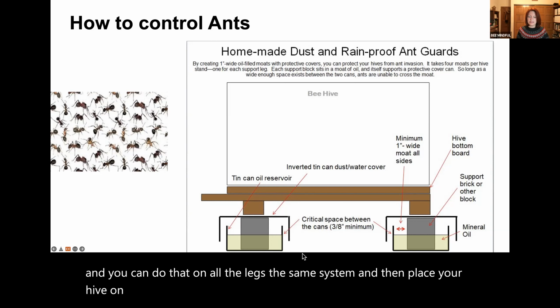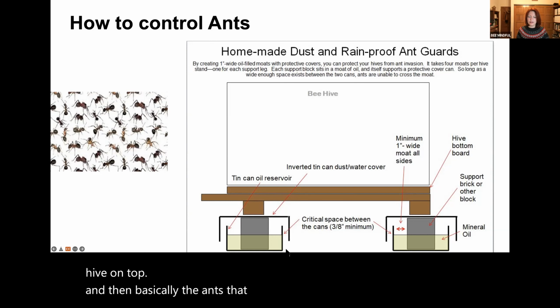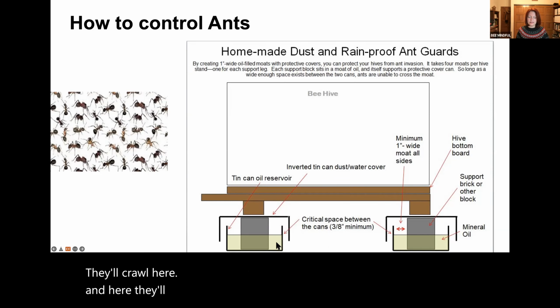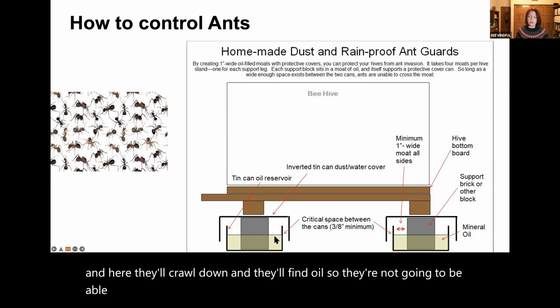And then basically the ants that are trying to get into the hive will crawl here, and here they'll crawl down and they'll find oil. So they're not going to be able to cross that oil barrier. And at that point, they cannot get into the hive.